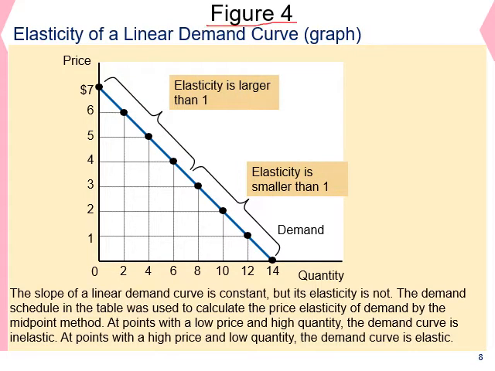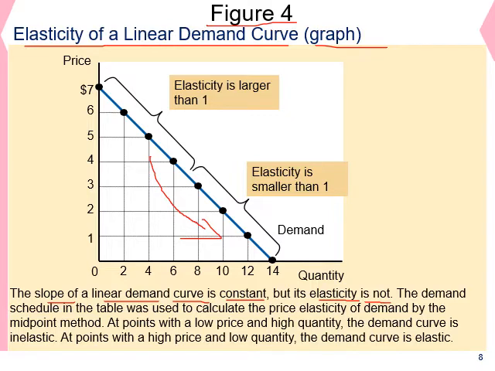Figure number 4 displays the elasticity of a linear demand curve, the graph. We can see that the demand curve right here is downward sloping, negatively sloped. So the slope of a linear demand curve is constant, it doesn't change, but its elasticity is not.